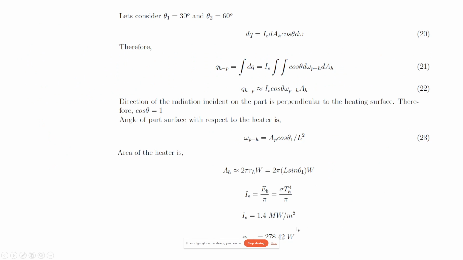So that is the final answer, 278.42 watt. So yes, we have been given that cos theta, and theta is 0 degree as we discussed.